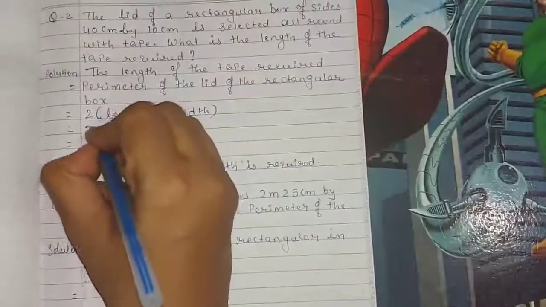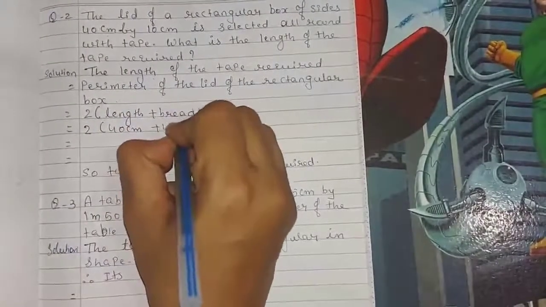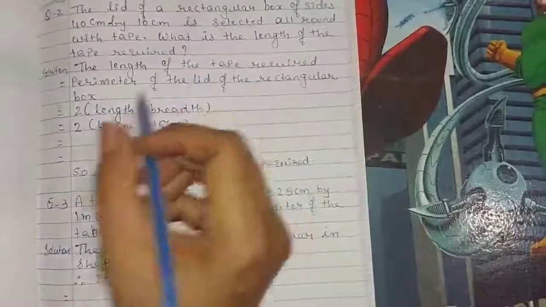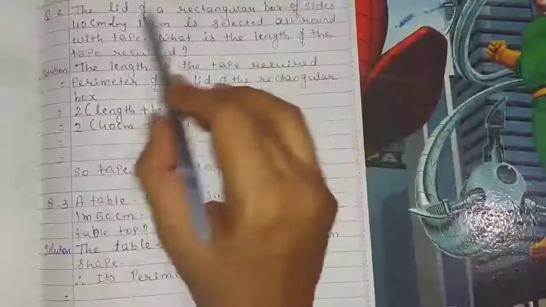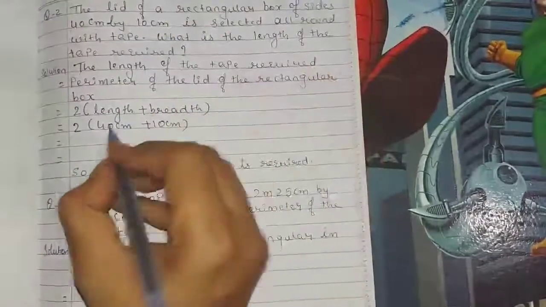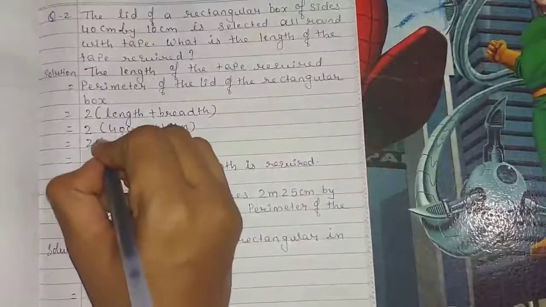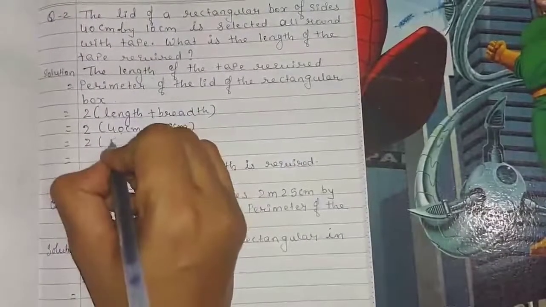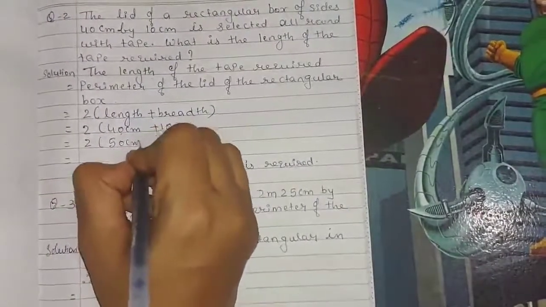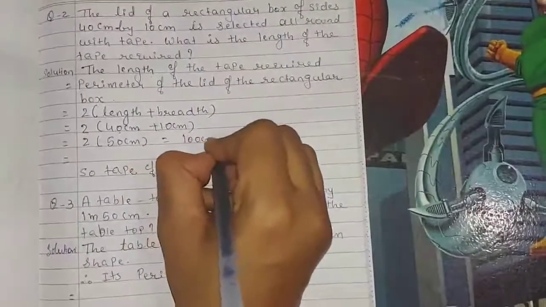Now 2 multiply 40 centimeter plus 10 centimeter. The rectangular box's sides are given as 40 centimeter by 10 centimeter. Now we will first add 40 plus 10, that is 50 centimeter. And 2 times 50 is 100 centimeter.